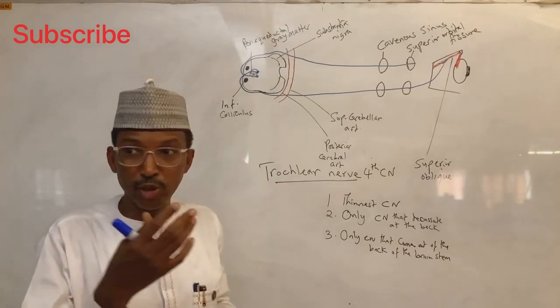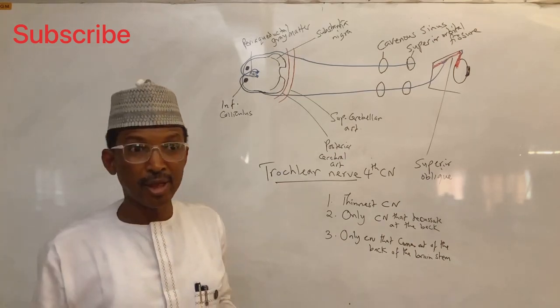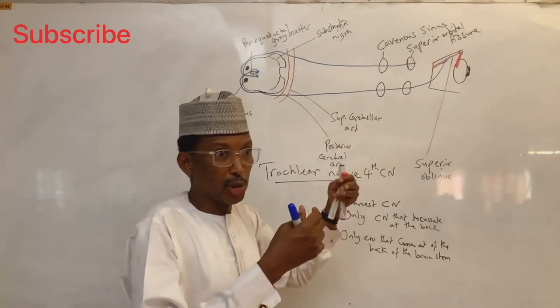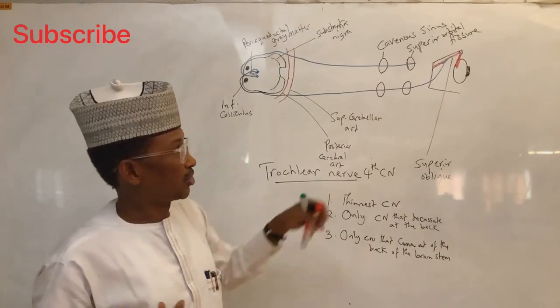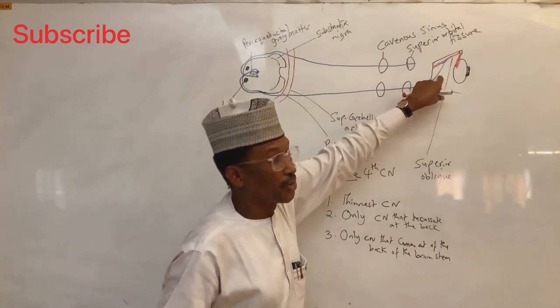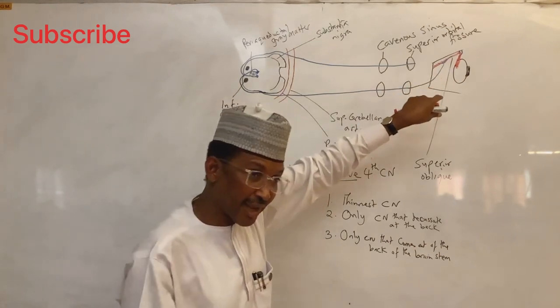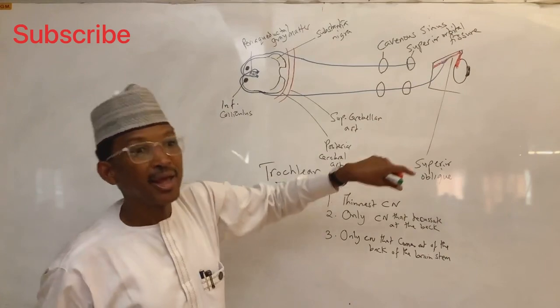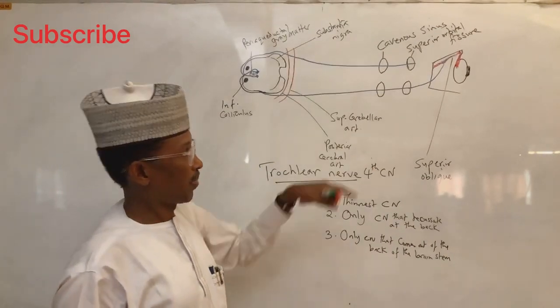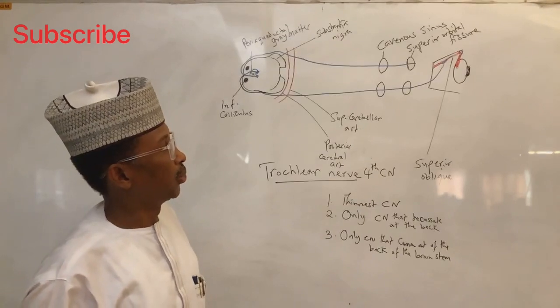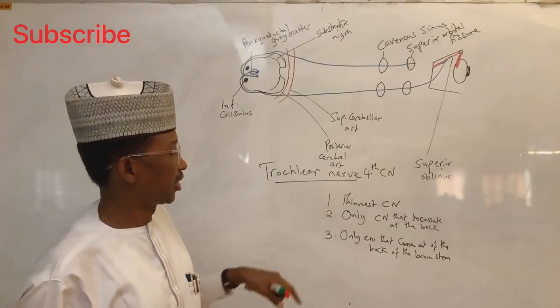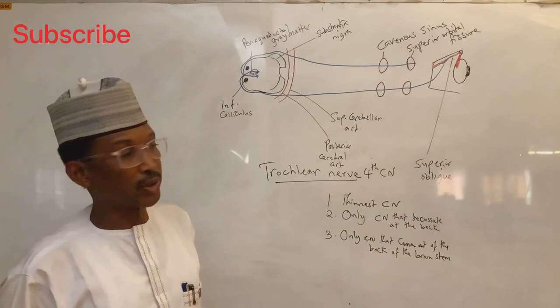He'll just be seeing two images at the same time, because he cannot move the eye downward and out, since the function of the superior oblique muscle is to depress the eye downward and outward. That is the complaint the patient is going to lay to you if he or she comes to you with paralysis of the trochlear nerve.